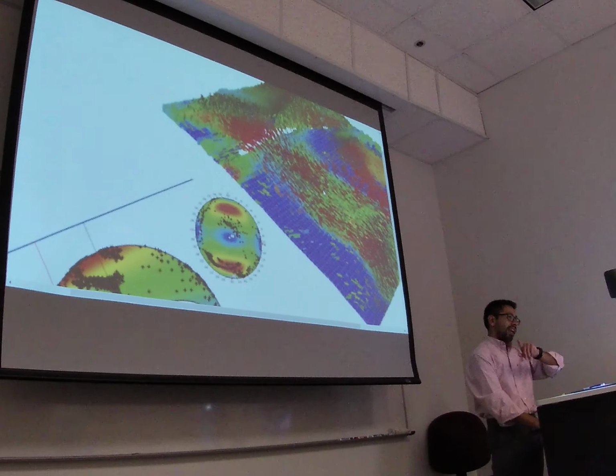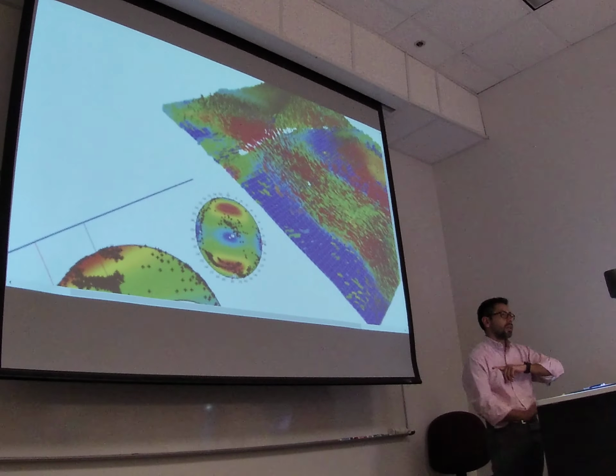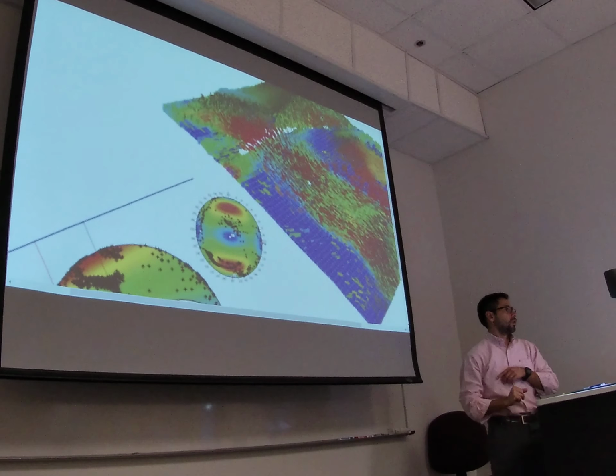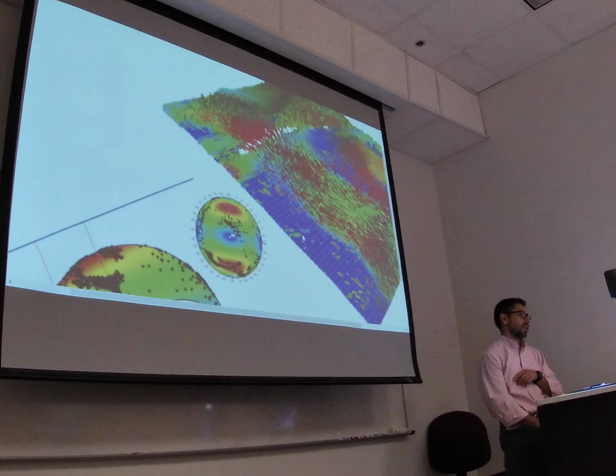Look, all the red fractures, let's say that the north is in this direction. Okay? All the red fractures have a strike which is more or less east-west. And the other cooler fractures, they have a strike which is more like north-south.